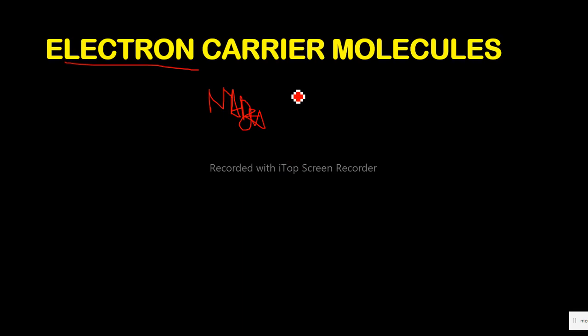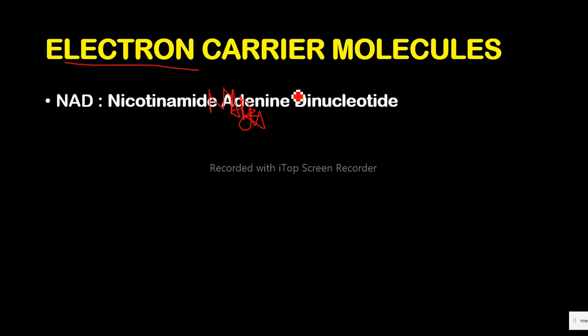Now, respiration involves more of electrons, and these electrons are moved from one area to another. In the process, energy will be given out, which will be used to form our ATP. So you need to know these basic electron carrier molecules and how they work. What are they?